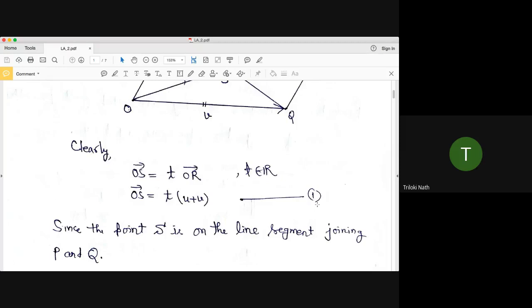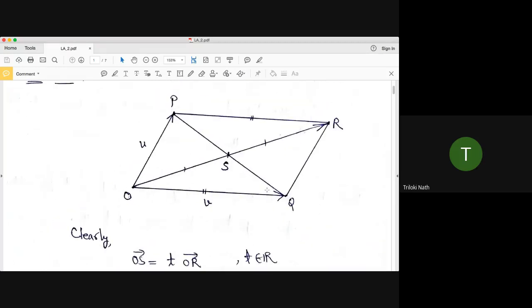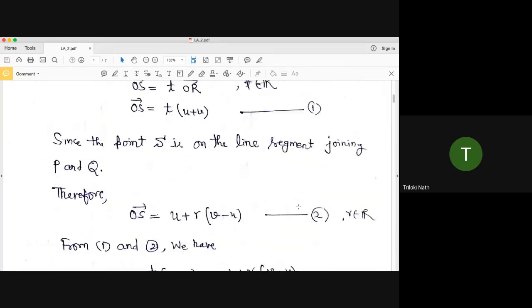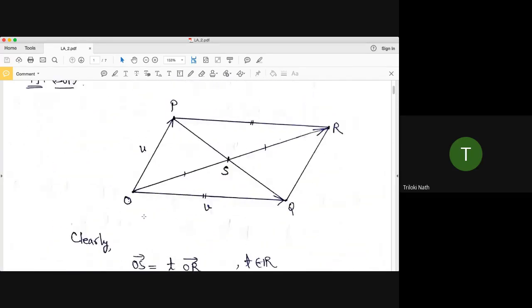Now you realize that the point S lies on the line PQ, of course the line segment PQ, but you can extend PQ. So actually this point S lies on the line passing through P and Q. And already you know the equation of a line passing through two points P and Q. When we write the equation of a line, we are giving a formula for the position vector of any point on the line.